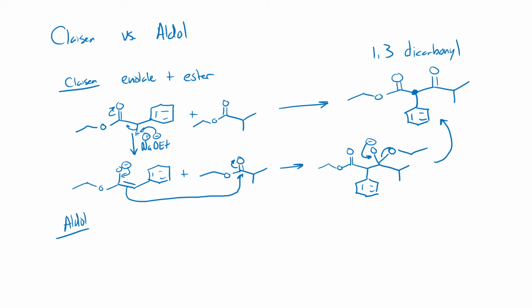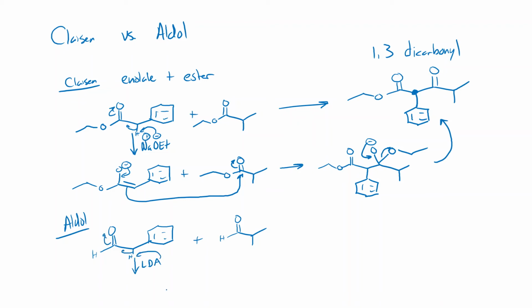Now an aldol reaction, right, we can do an aldol reaction with a similar set of things. I'm going to make the enolate here. I'm going to use LDA. It's a nice strong base. Remove that hydrogen.